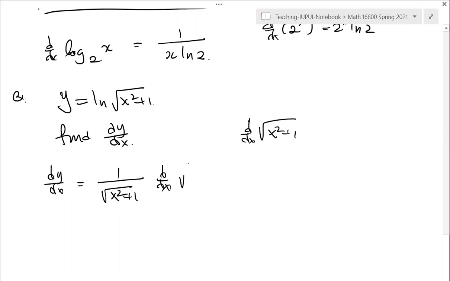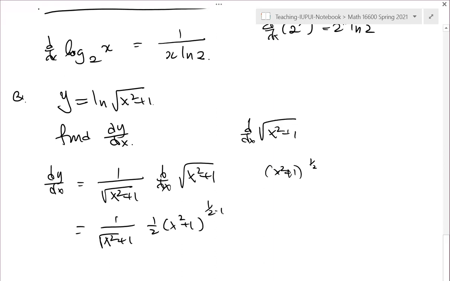Then you have to find the derivative of x squared plus 1. If you do it this way, you have to face another chain rule, right? You can do that. It's not a big problem. This is x squared plus 1 to the 1/2. So you go 1/2 times x squared plus 1 to the 1/2 minus 1.